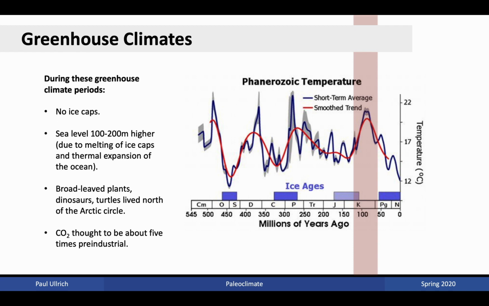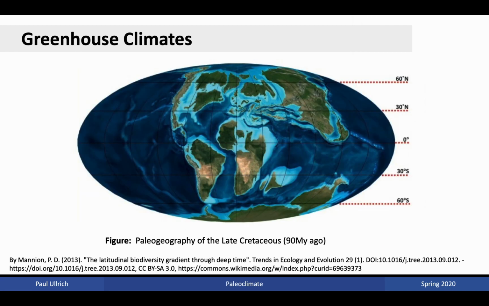Sea levels were 100 to 200 meters higher due to melting of these land ice caps and because of thermal expansion of the ocean. As mentioned earlier, during these periods, broad-leaved plants, dinosaurs, and turtles lived north of the Arctic Circle. Notably, these are of course cold-blooded creatures, and so they require a relatively warm environment in order to live. During this particular period, carbon dioxide was thought to be about 5 times pre-industrial.